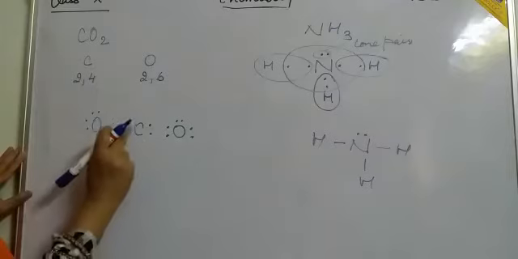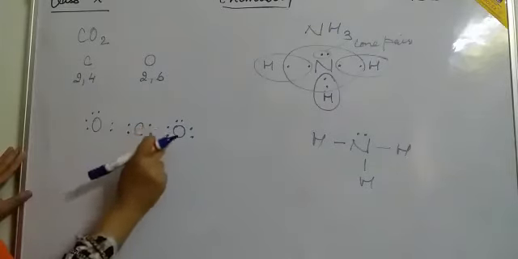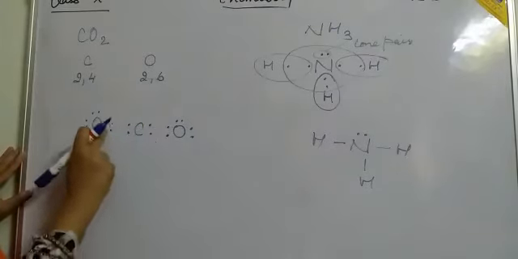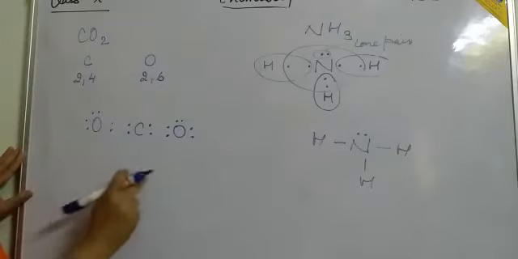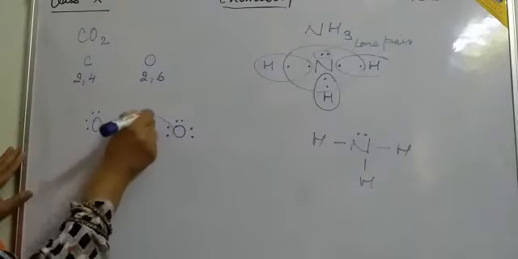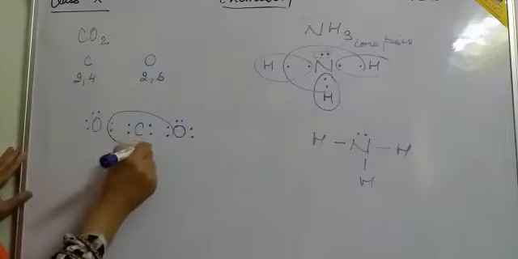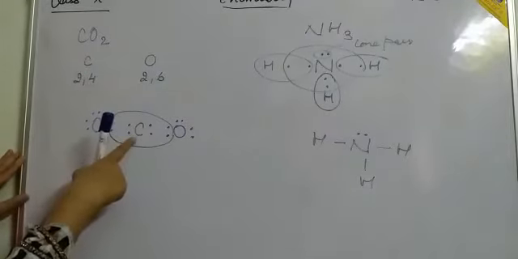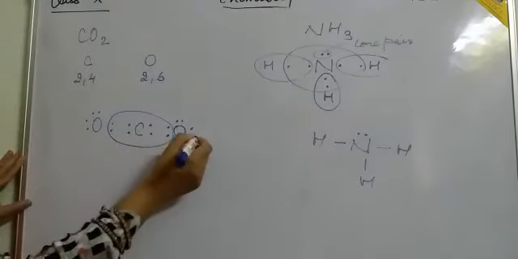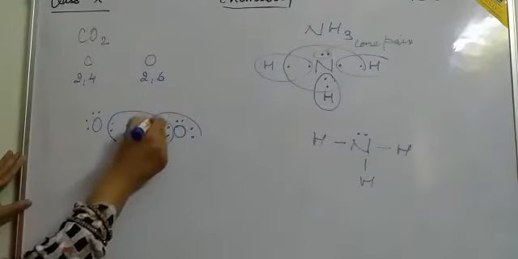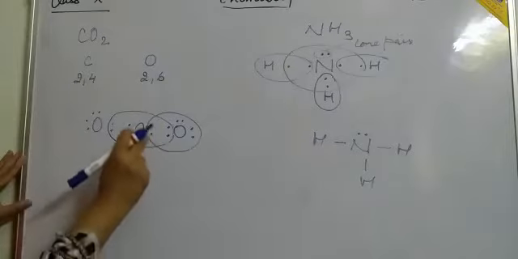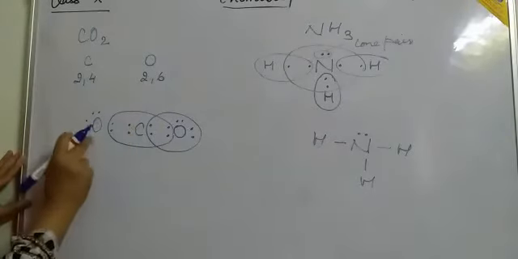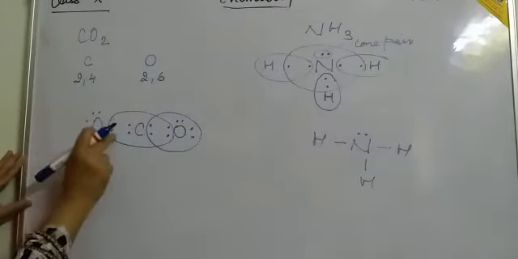So there are 1, 2, 3, 4 electrons here, and 1, 2, 3, 4 electrons here. For carbon, we need to circle all 8 electrons. This is the completion of the octet of carbon. And now oxygen, this is the completion of the octet of oxygen. For this oxygen, 2, 4, 6, 8.